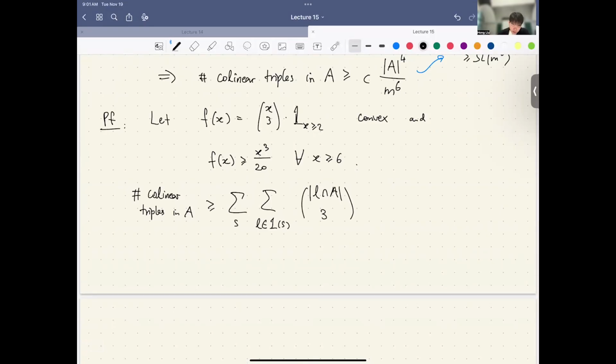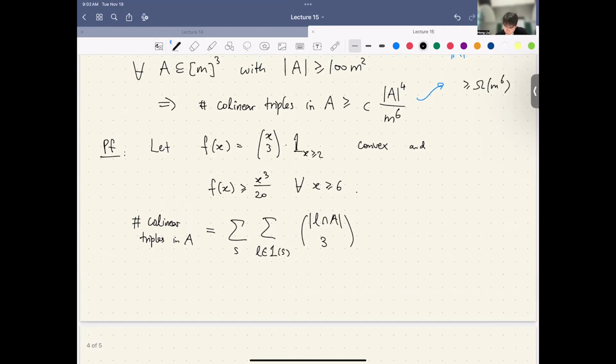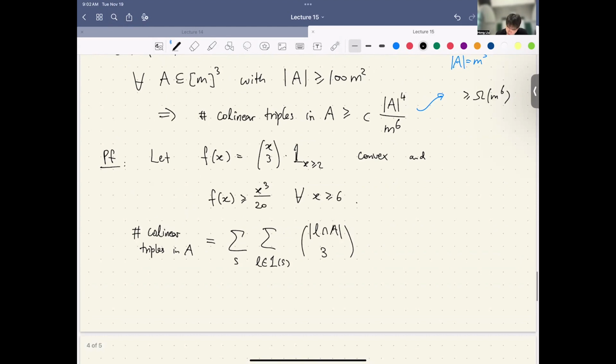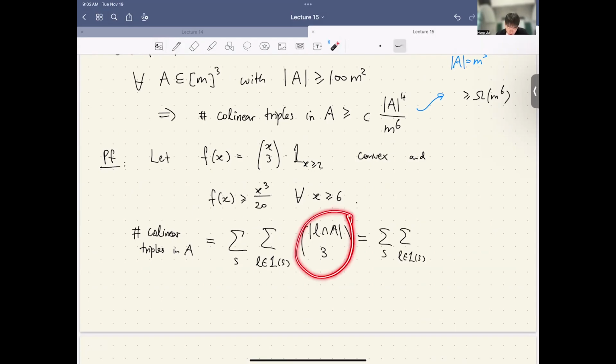Now we can use our function to write it. We only care when the intersection is at least 2, otherwise this is 0. So this is f of the size of L intersect A.